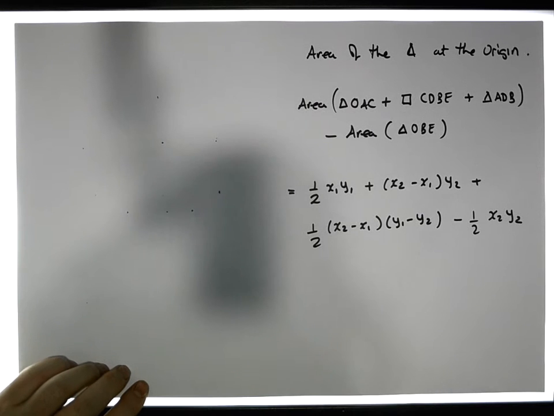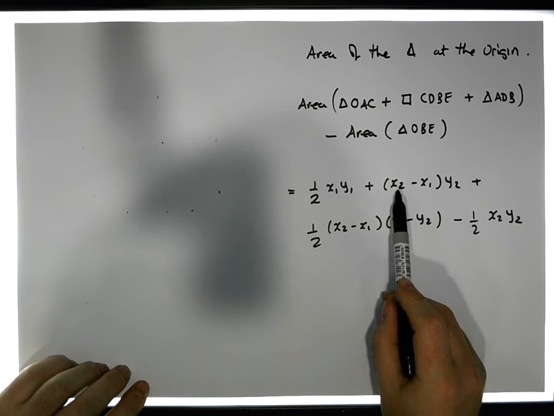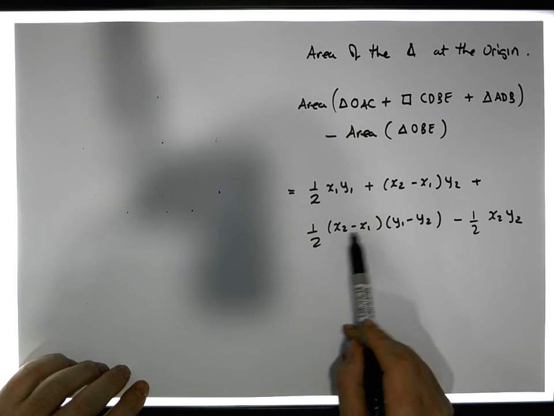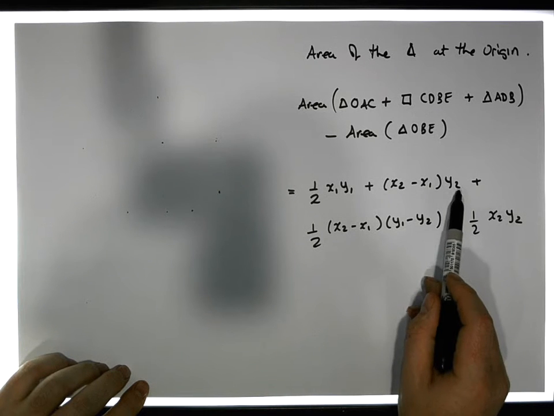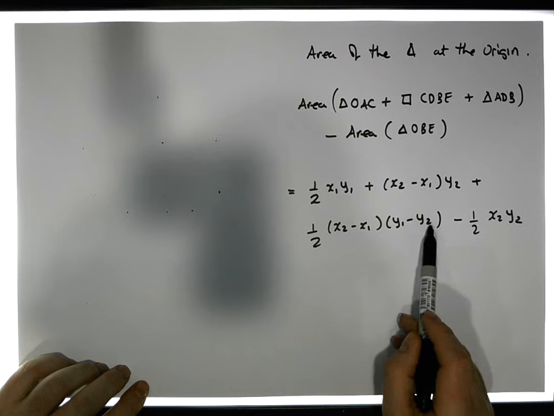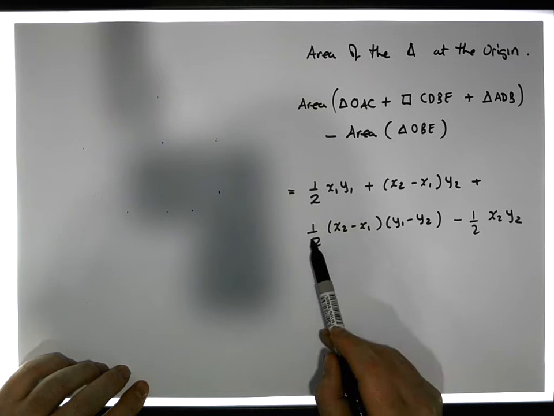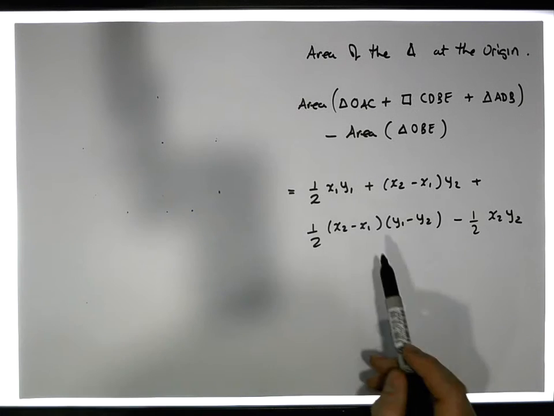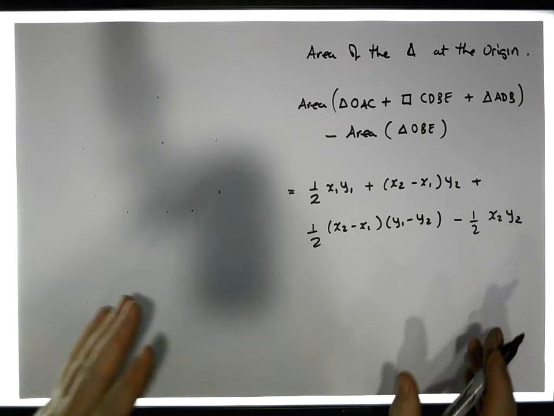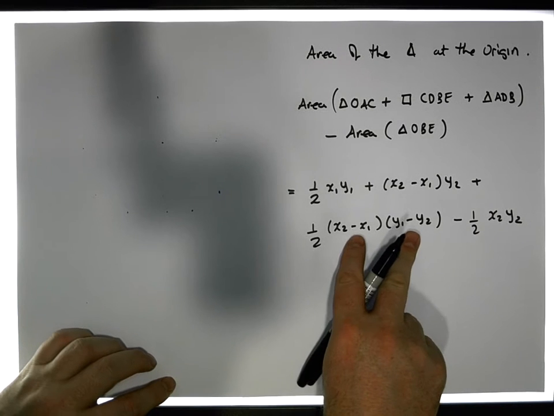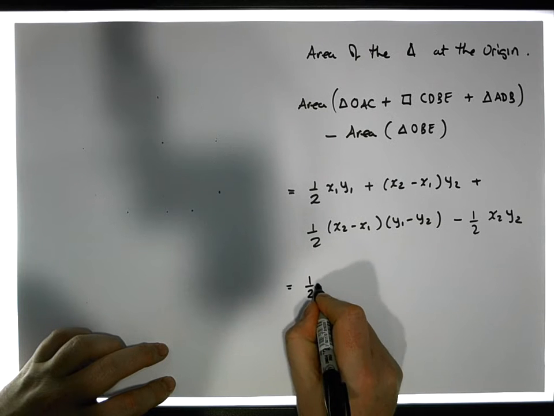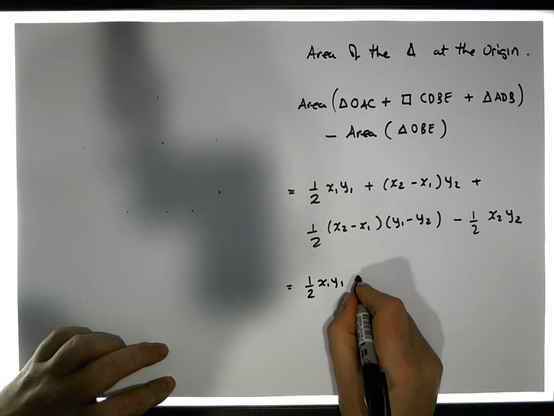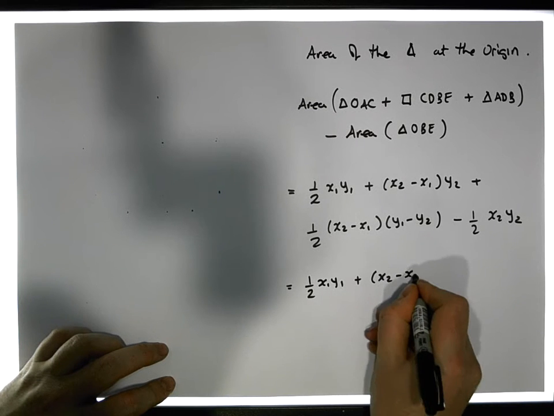I can see that I have x2 minus x1 here, and I've got one of them here. But here I've got an x2 minus x1 times y2. So that factor times minus y2, and times a half, would be minus a half of them. So let me write that down. I'm just going to expand this out. So this becomes a half of x1 y1 plus x2 minus x1 y2.